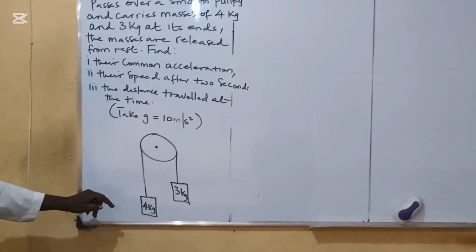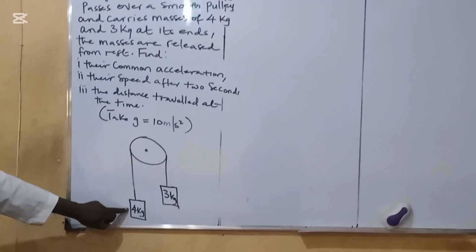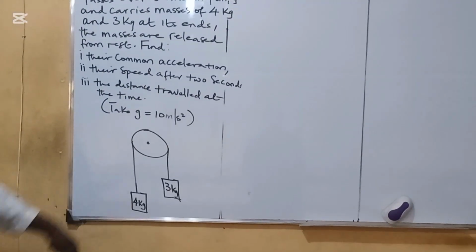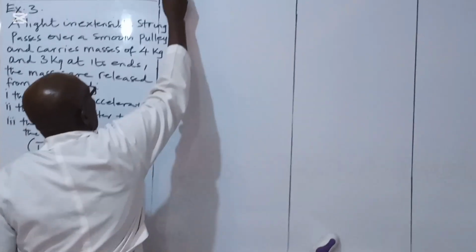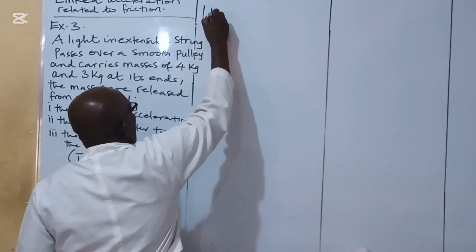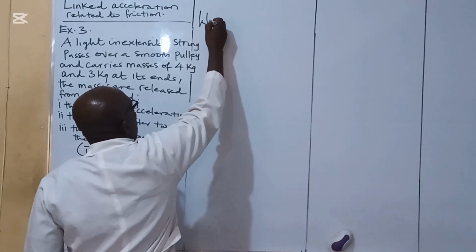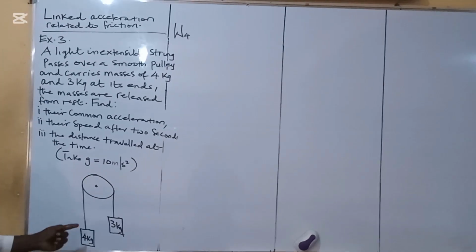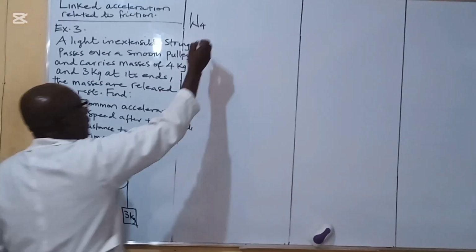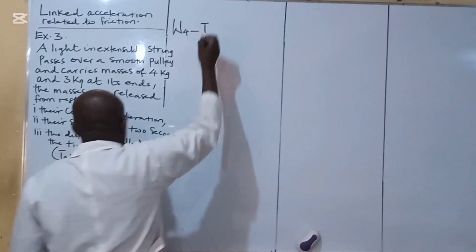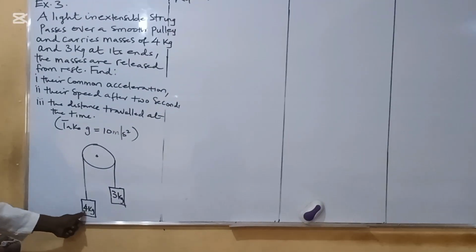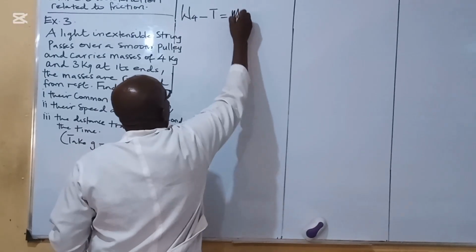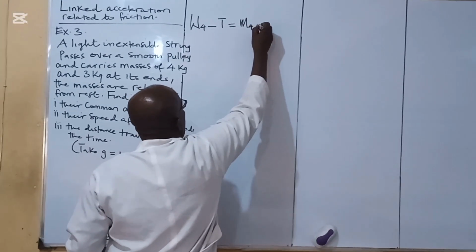Now we will consider this mass, 4 kilograms, as the heavier mass, all right? Now the weight of the 4 kilograms, W4, will pull down. Now the tension pulls up. So W4 minus T is equal to the mass of this 4 kilograms, M4, times acceleration.